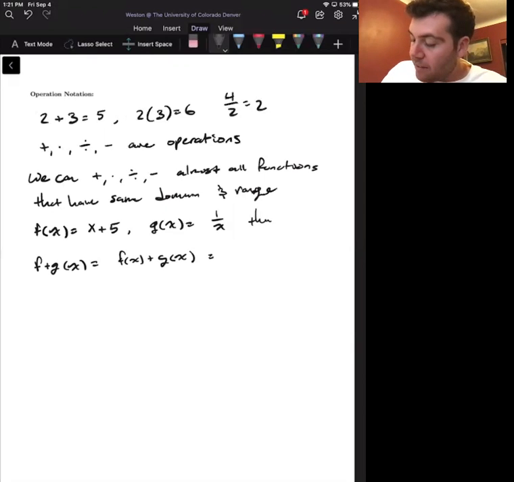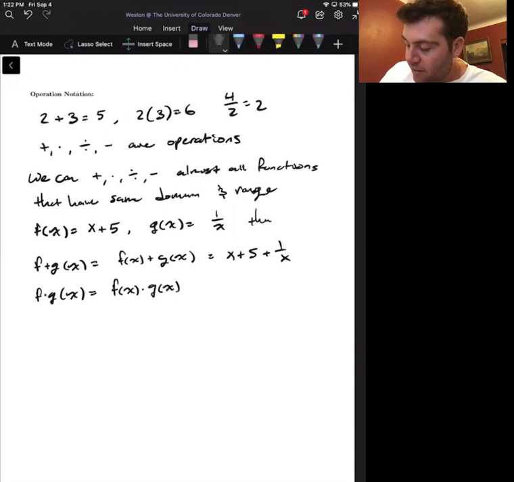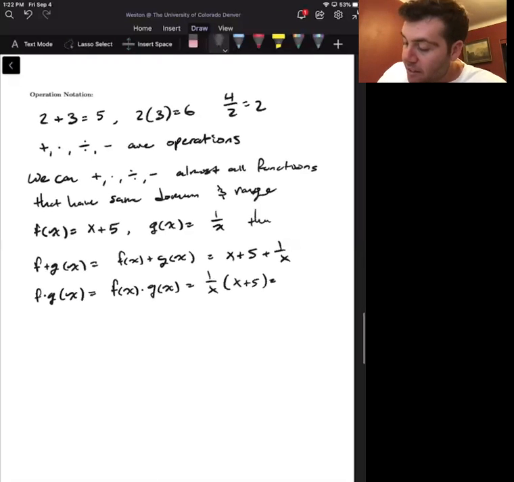So that's going to be x plus 5 plus 1 over x. f times g of x, again, is just f of x times g of x. So 1 over x times x plus 5. We can distribute this 1 over x, and that just gives us back 1 plus 5 over x.